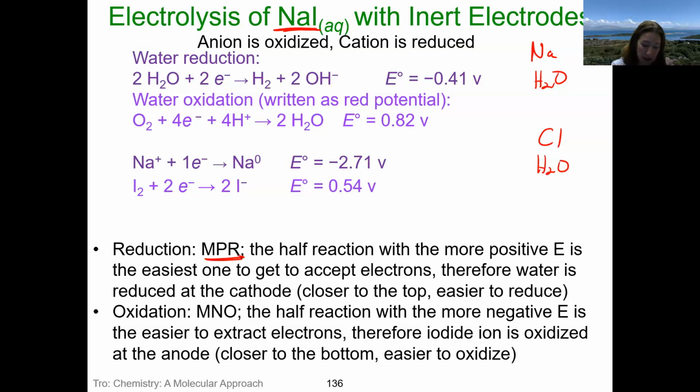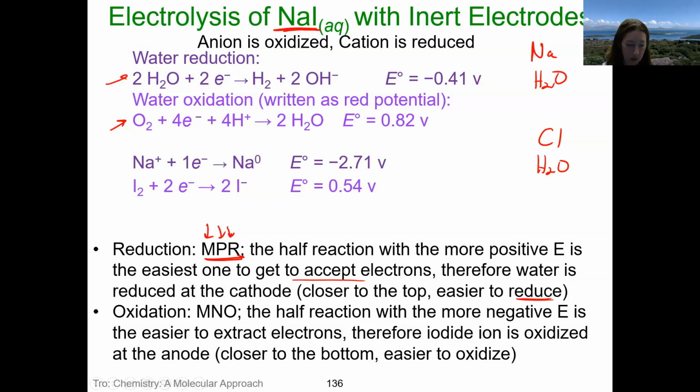The half reaction with the more positive E cell is going to be the easiest to accept electrons, so that's going to be reduced. More positive, reduced. Same rule applies as we did before. We're just adding in these extra water potentials now. More negative, oxidized: the half reaction with the more negative E cell is the easiest to extract electrons. So when we look at this, you can see iodide is going to be the one that is oxidized.